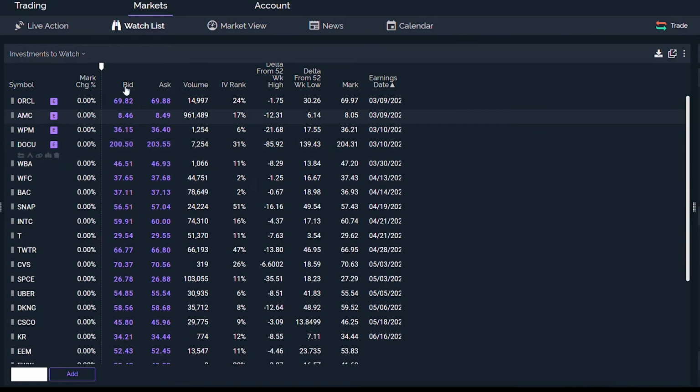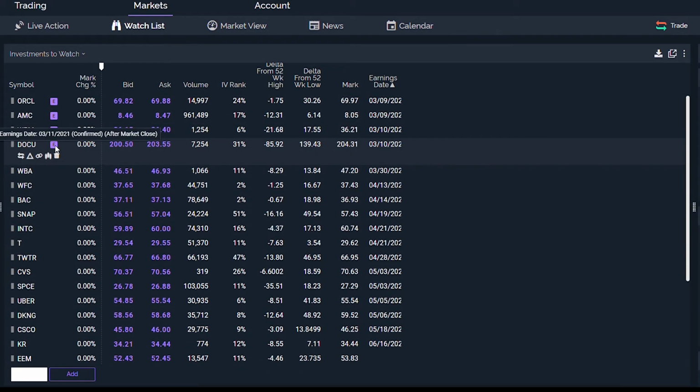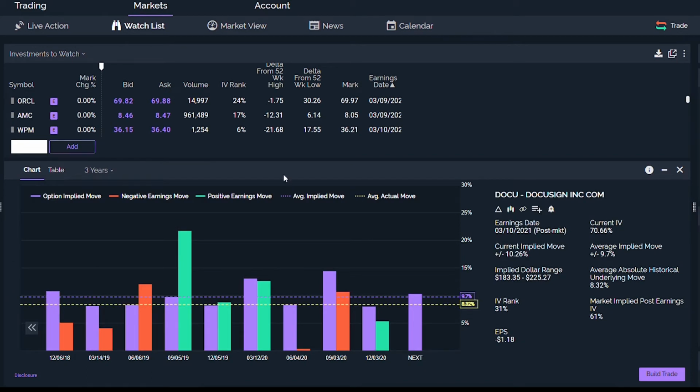So let's go ahead, and all you have to do to find this is click on that E, and it'll show you all this information that we have for the earnings announcement. So here we're looking at DocuSign.